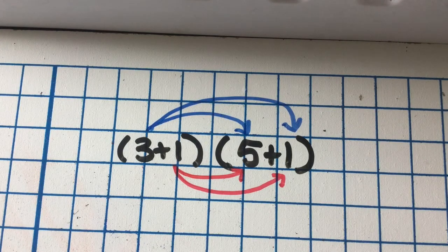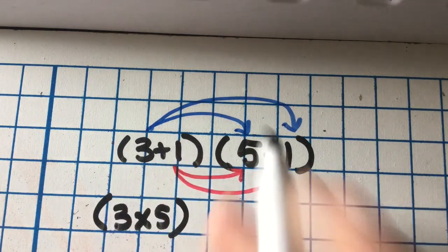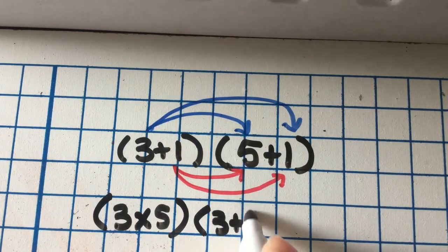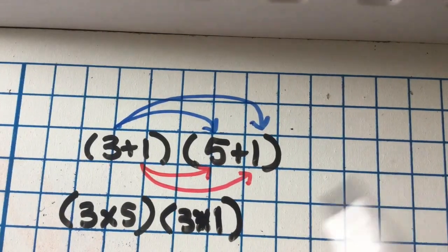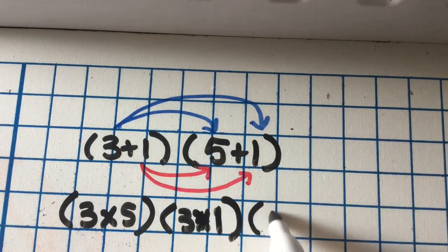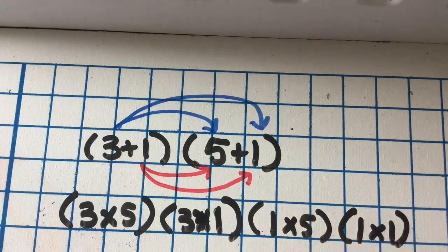What that means is I'm going to multiply 3 by 5 and 3 by 1. I'm also going to multiply 1 by 5 and 1 by 1. Now you'll note that I'm adding these terms together, so each set of parentheses gets added.